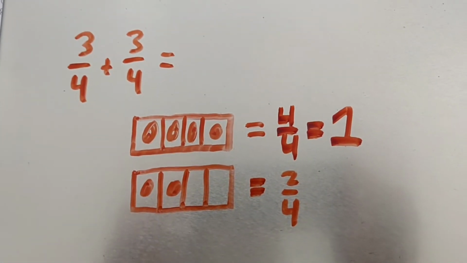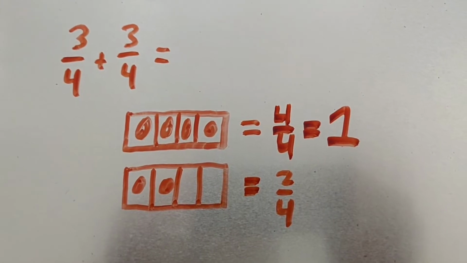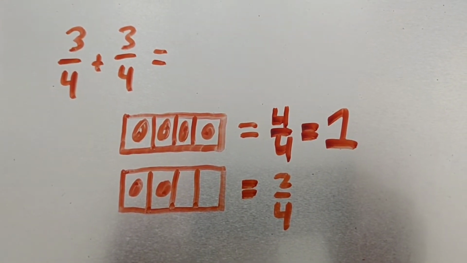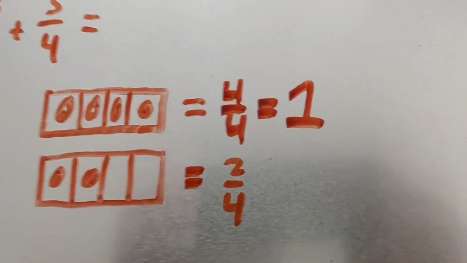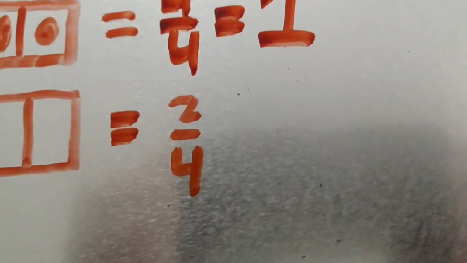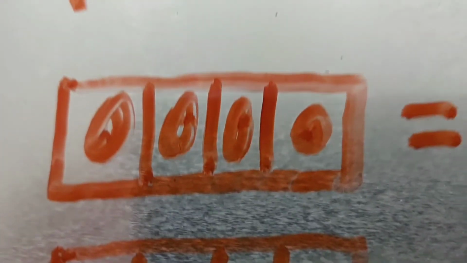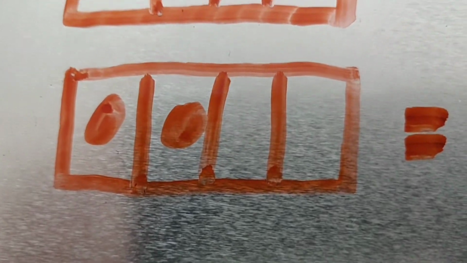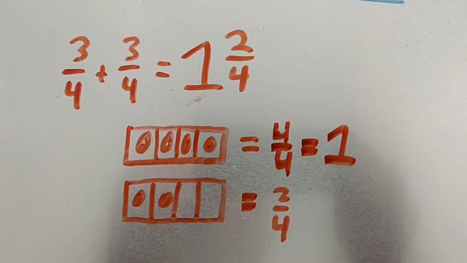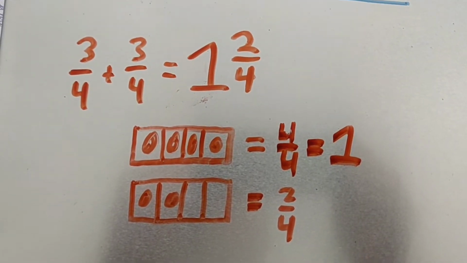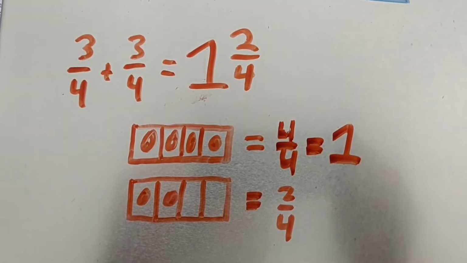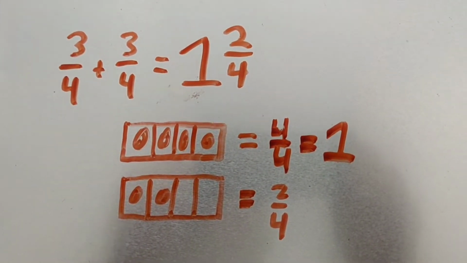So 3/4 plus 3/4 equals 6/4, which is equivalent to 1 and 2/4. So again, 3/4 plus 3/4 equals 1 and 2/4.